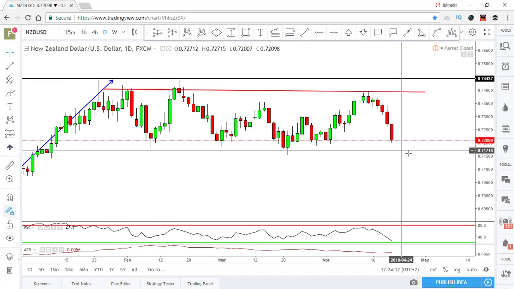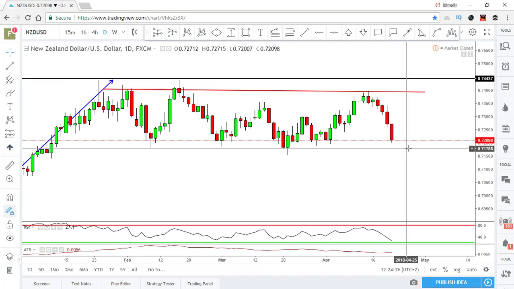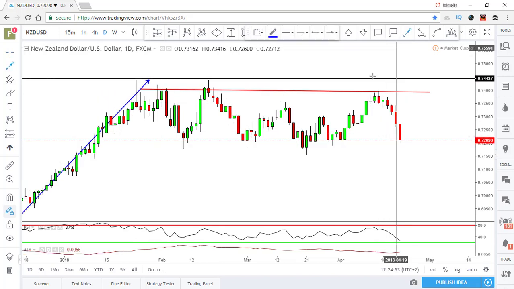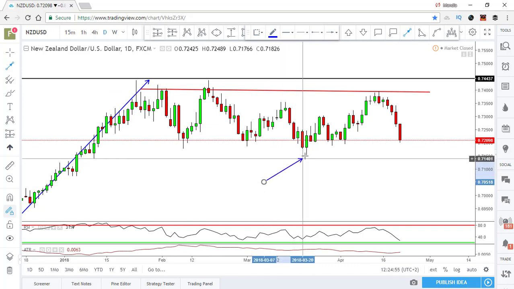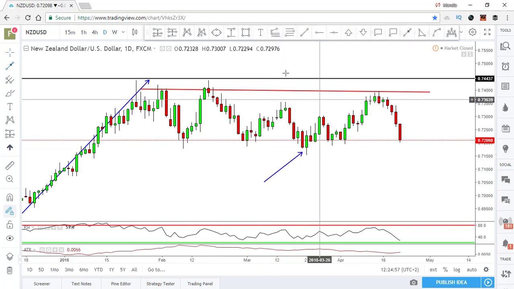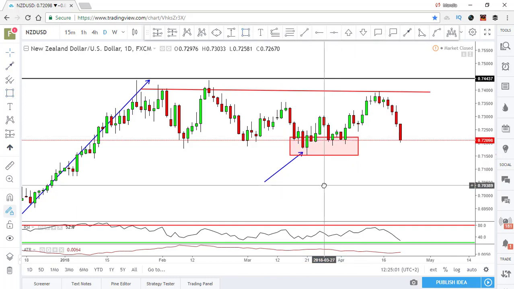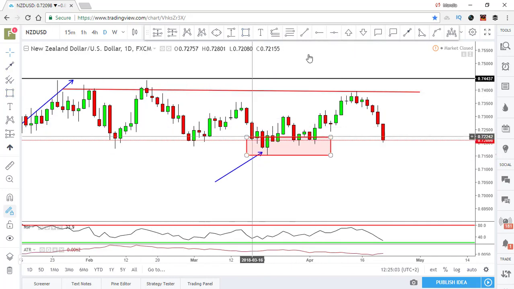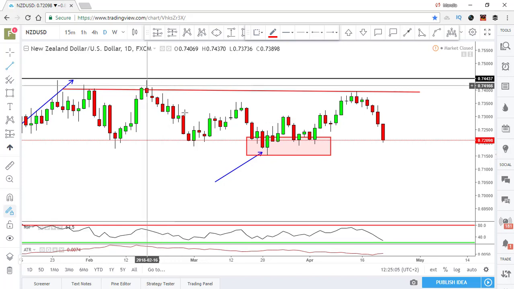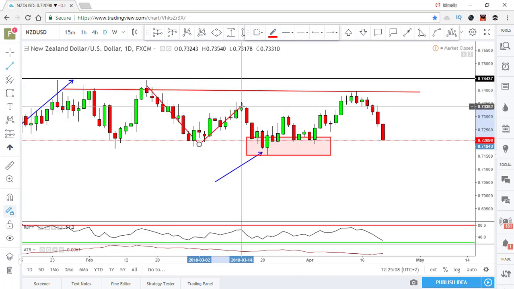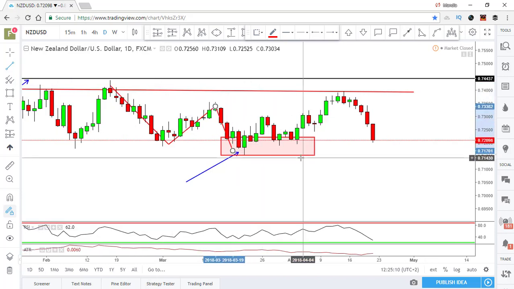So as of now, I don't see any sign of waning in sellers' pressure, just like right here. Let's analyze this part right here. Ever since sellers came in, we had a retracement, then came back right to this point.